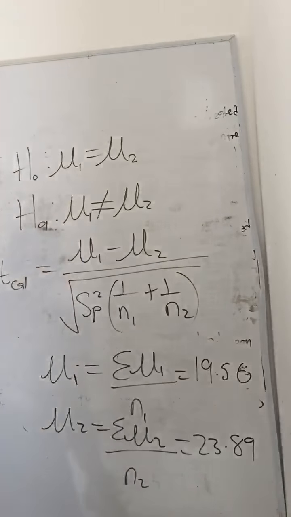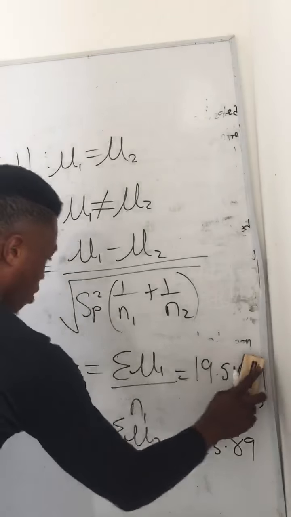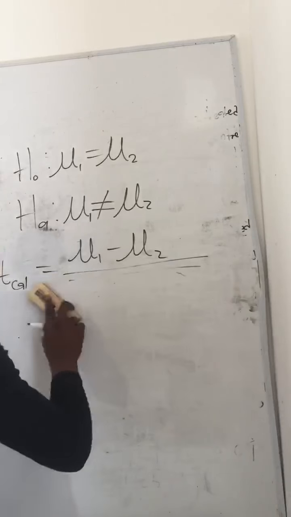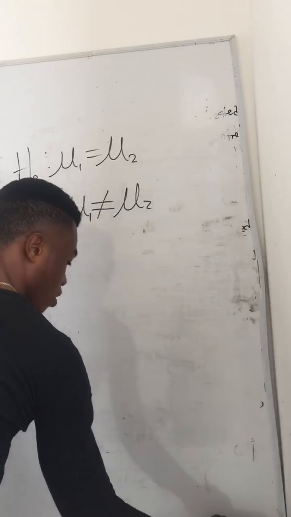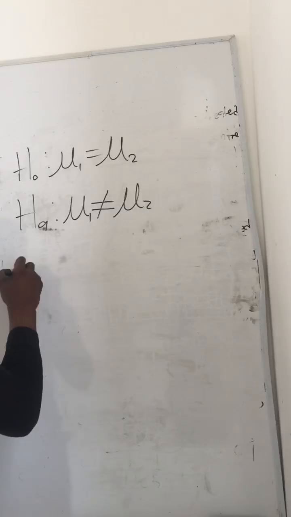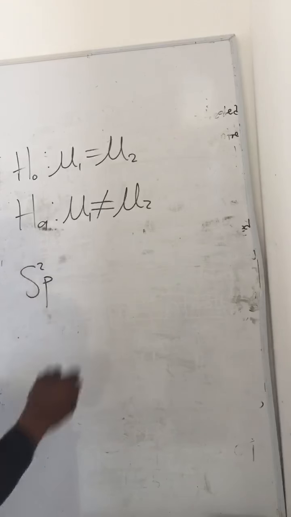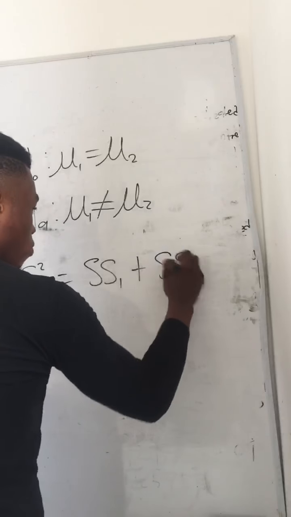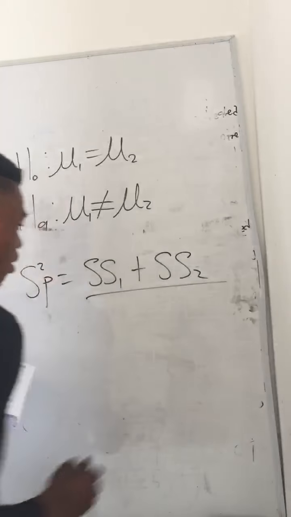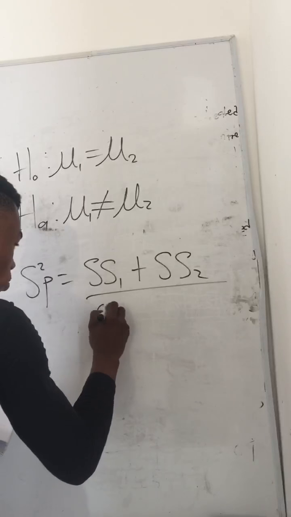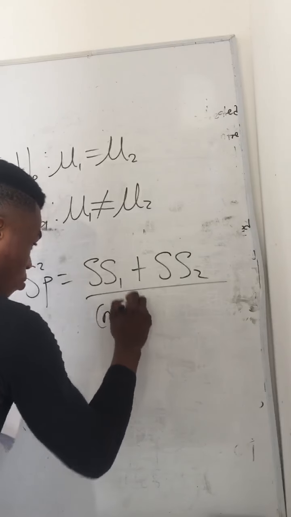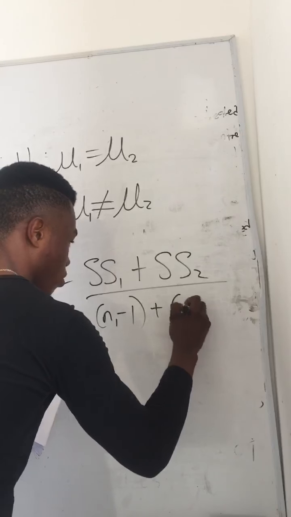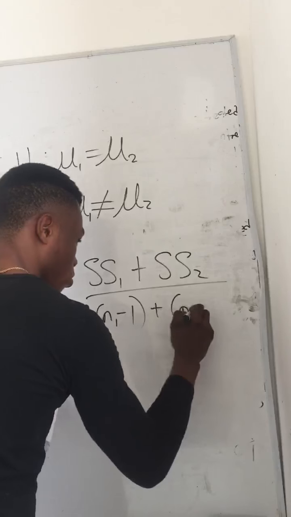Alright, so now we go on to find the pooled variance. Recall the way we found the pooled variance in the first question. We find the pooled variance, s squared p, equal to the sum of squares 1 plus the sum of squares 2, divided by degree of freedom 1 plus degree of freedom 2.